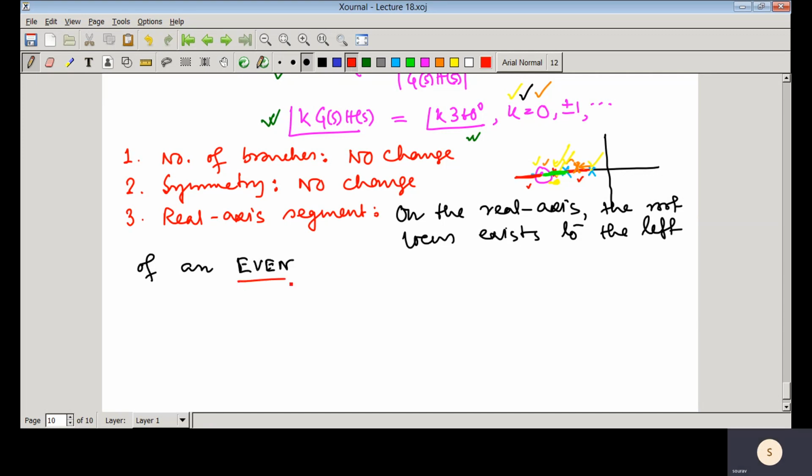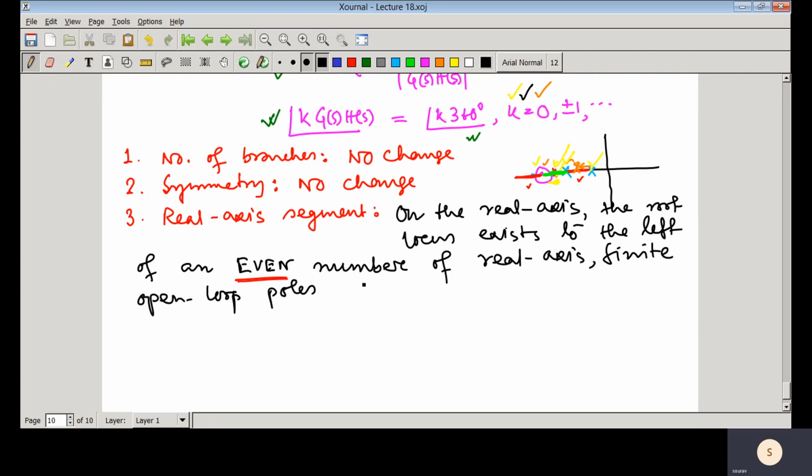In case of negative feedback it was odd. In case of positive feedback it is an even number. So this is that difference, and that difference is due to the angle condition.